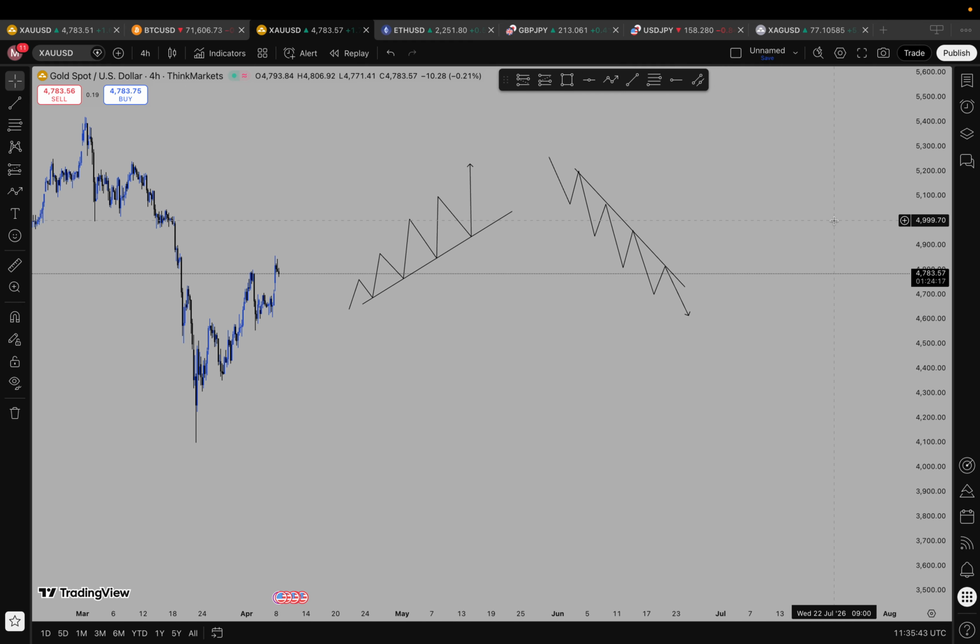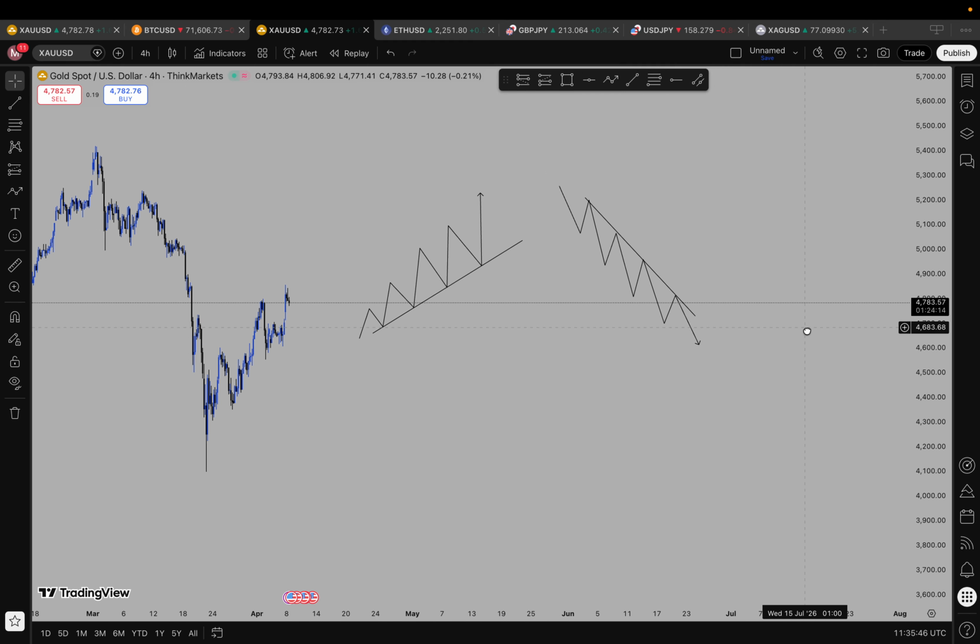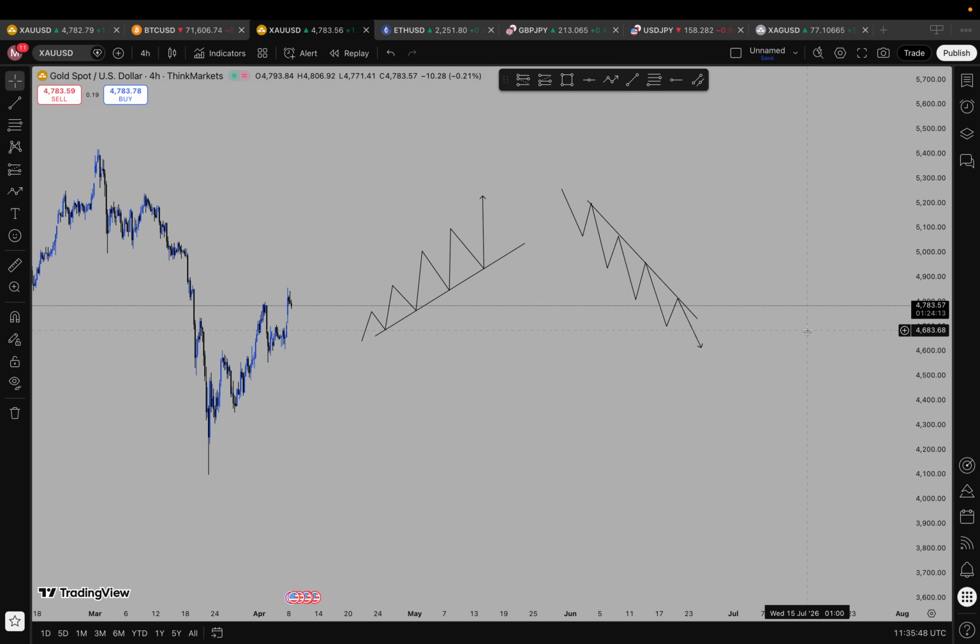But a ranging market will just be in a zone until it gives you a breakout to the upside or the downside. Do you understand? So we have three types of market structure: the bullish trend, the bearish trend, and the ranging market. You don't have to complicate things for yourself.